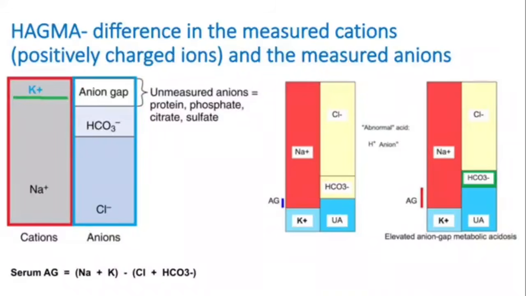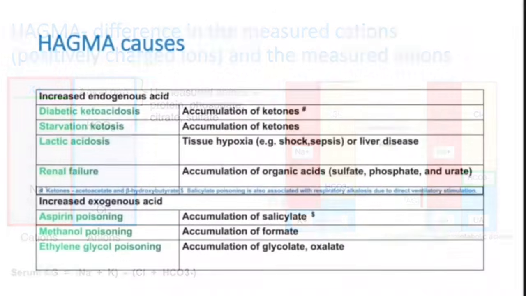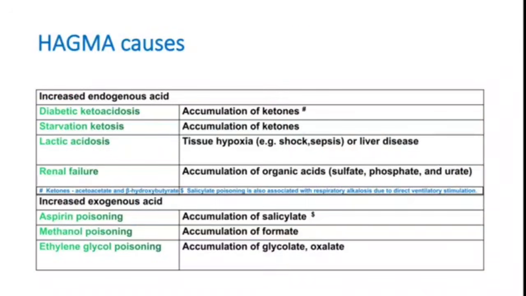The unmeasured anions are more, and that produces the anion gap. That is the difference between the measured cations and measured anions. So anion gap can be calculated by sodium plus potassium minus chloride plus bicarbonate. So we will see the causes for HAGMA now.